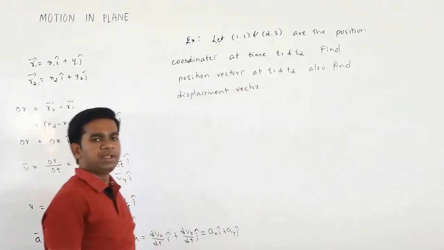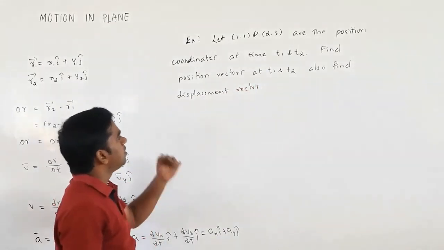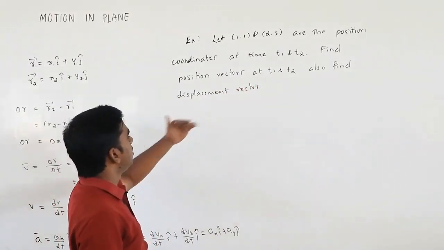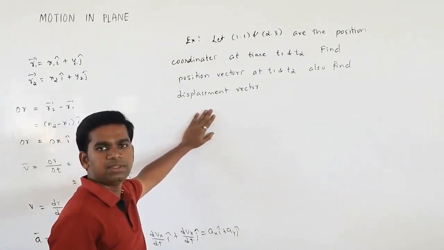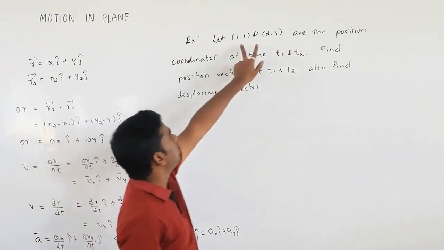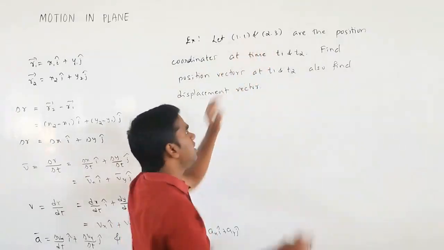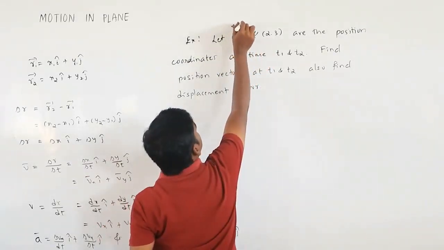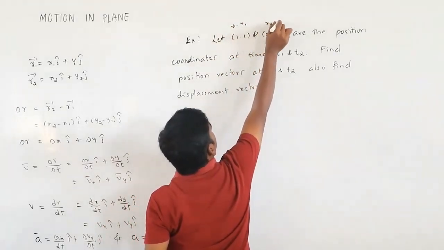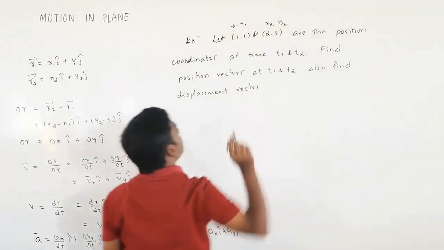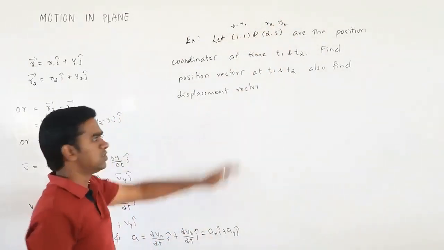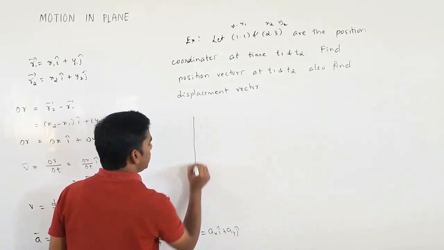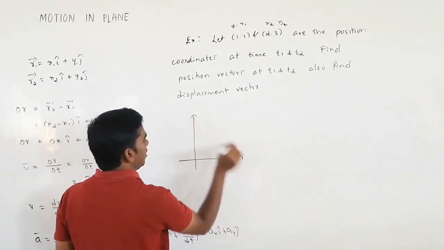So how can we find the position vectors and the displacement vector when they are given the position coordinates? These two are position coordinates. Position coordinates means they are given x1, y1 and x2, y2. I hope now you can easily write the position coordinates. It is just like you are having the coordinates x comma y.